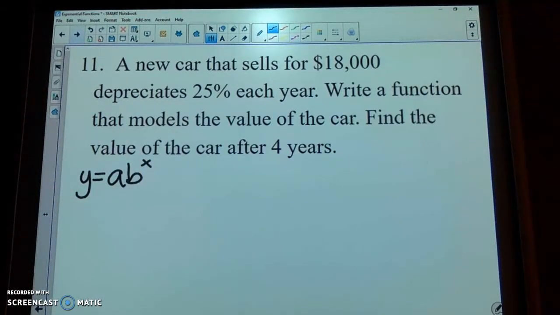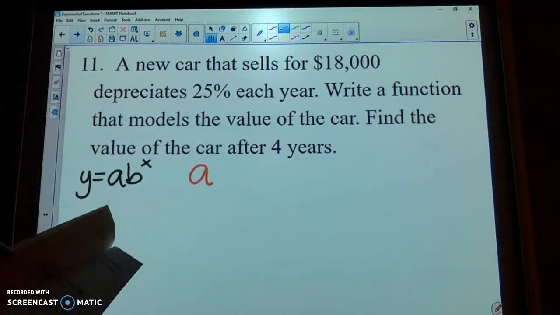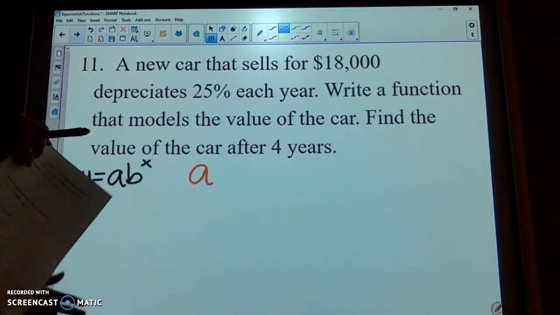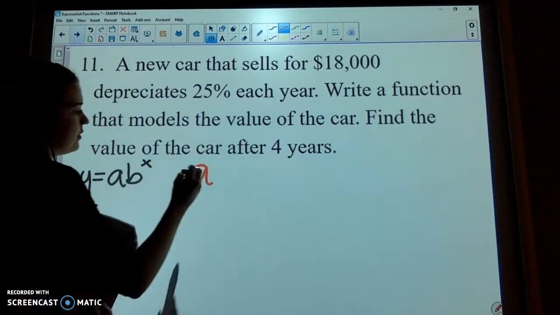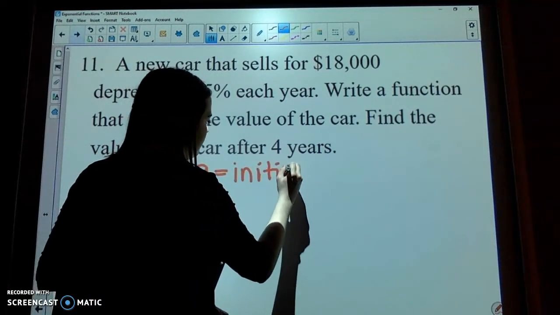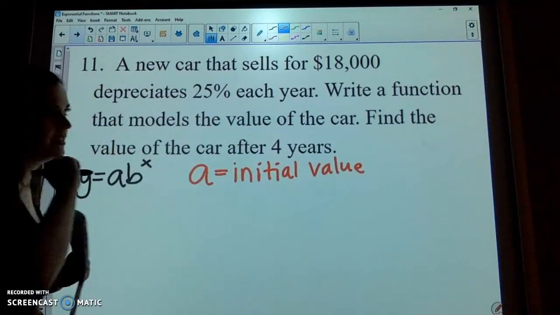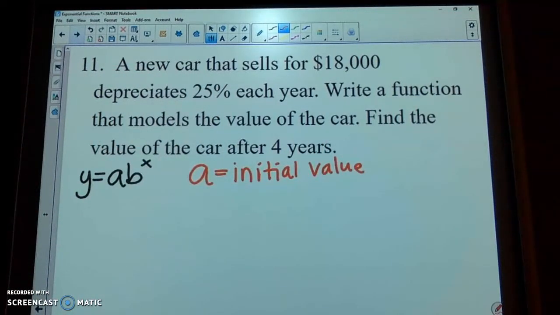Okay, so a, in this case, let me flip back to this page, is going to be our starting value, or the initial value of the car. I'm just going to put initial value because you guys are going to want to write this down so that you kind of know what a, b, and x stand for in even a different problem.